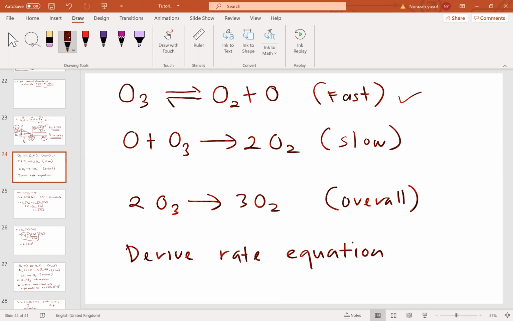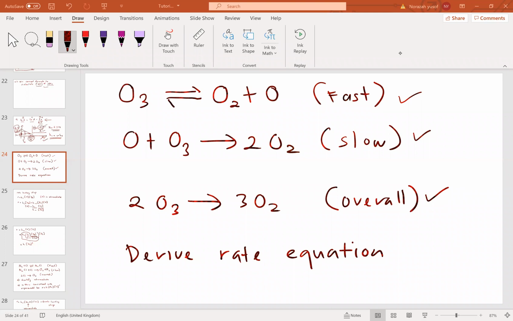The second equation is oxygen atom plus O3 forming 2 oxygen molecules. And the overall reaction is 2O3 forming 3 oxygen molecules. The question is asking to derive the rate equation based on this proposed mechanism.